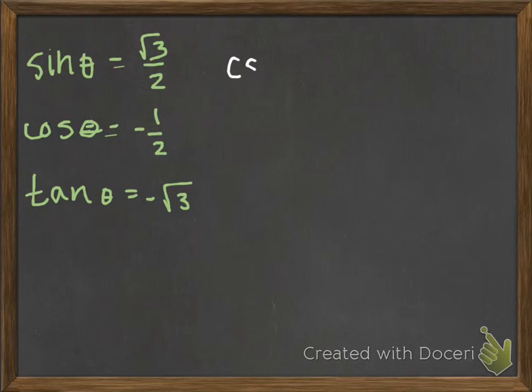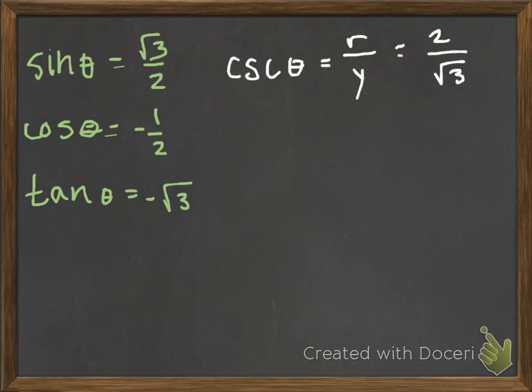So cosecant is r over y, which essentially is the exact opposite of sine, which was y over r. So I'm going to take my sine value, and all I have to do is flip it because that's what the fraction did. It flipped. So when I flip it, I get 2 over root 3. The only issue is one of the rules says you can't leave a square root in the denominator, so we have to rationalize.